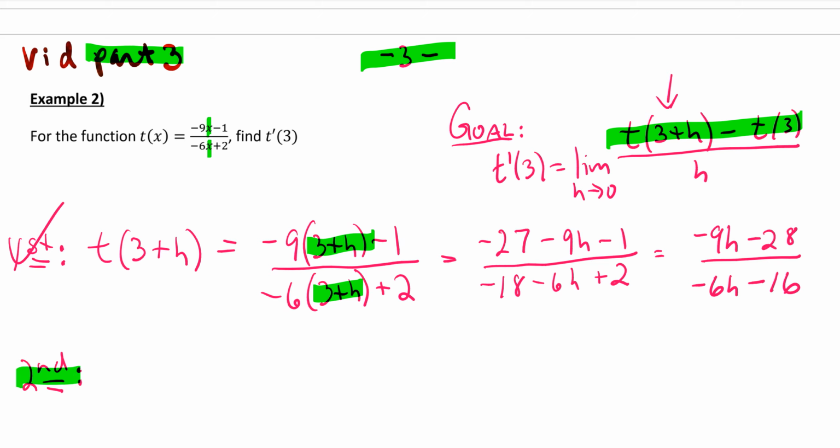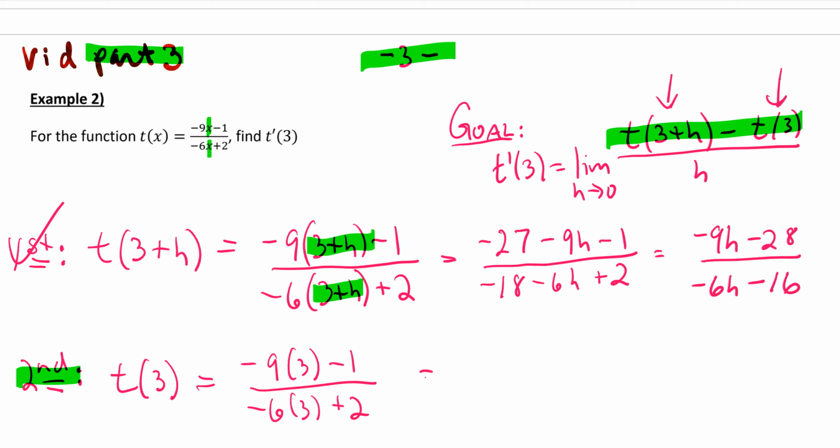Now on to step 2, which is more straightforward really, to figure out the other thing in the numerator is t of 3. So that's plugging the number 3 in. So we're going to have negative 9 times 3 minus 1 over negative 6 times 3 plus 2. And then work this out.